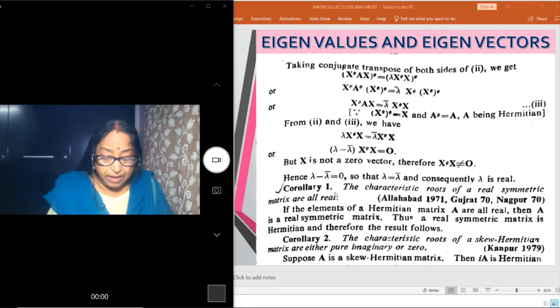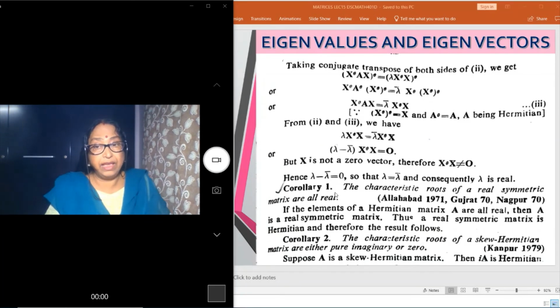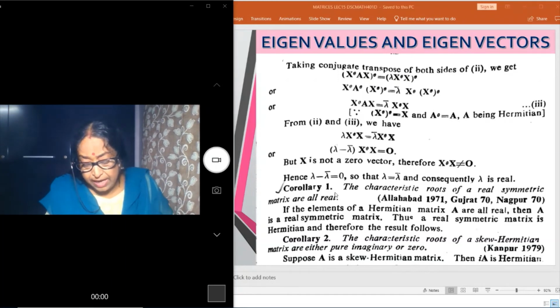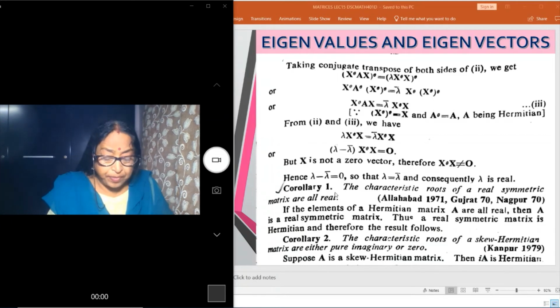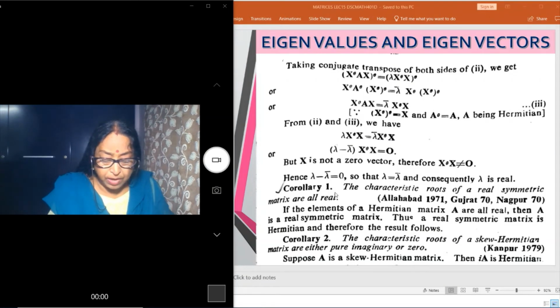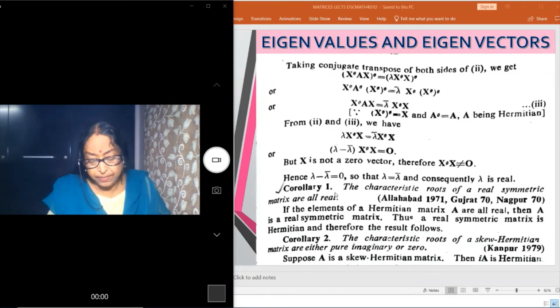If the elements of a Hermitian matrix A are all real, if A is a real matrix, then A is a real symmetric matrix. Thus, a real symmetric matrix is Hermitian, and from the above theorem, the result follows.